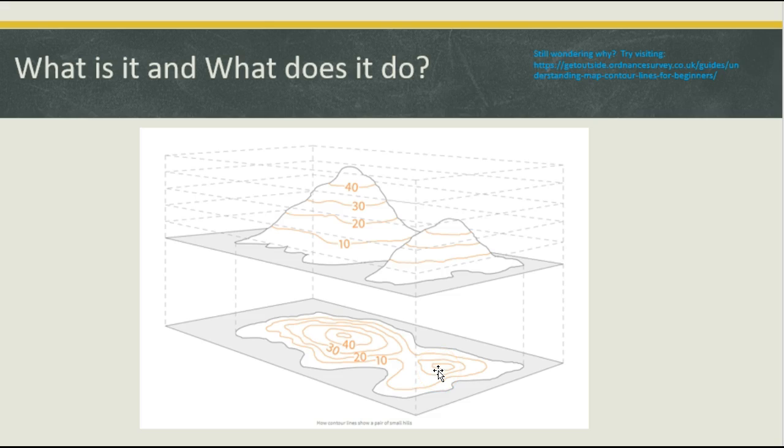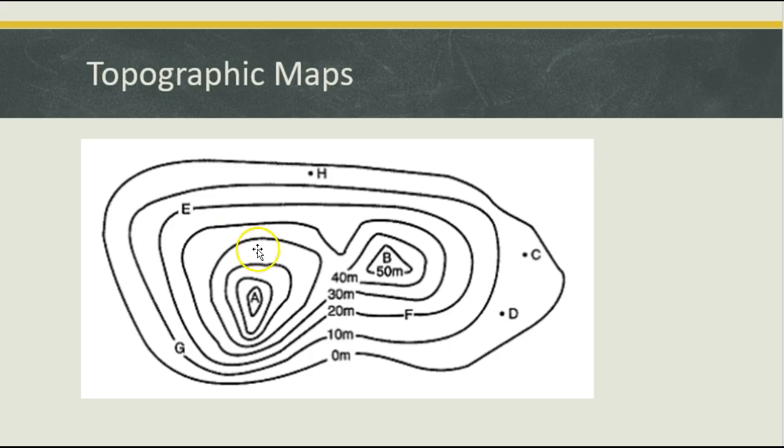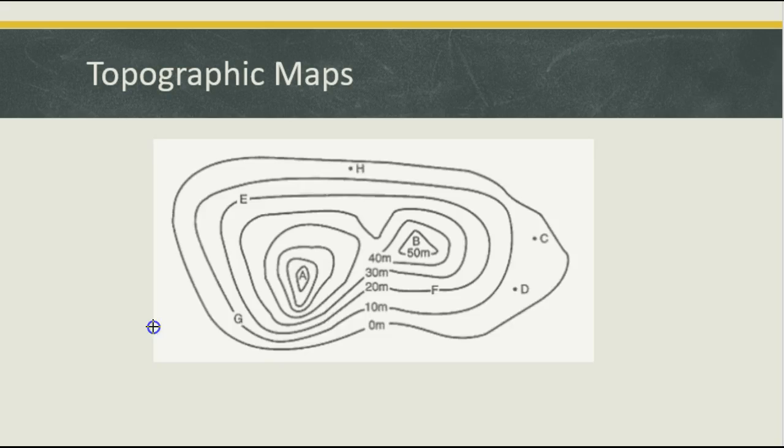Let me show you how they do this, okay? Because going from this to this can be complicated, and I want you guys to see it. What we're going to do is shrink this map just a little bit.